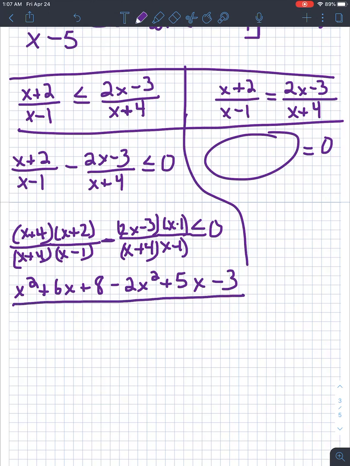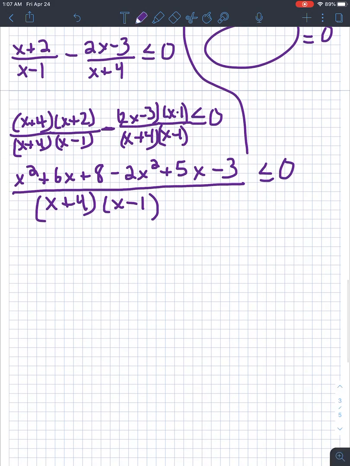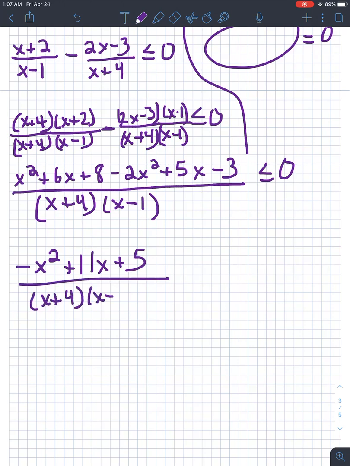There we go, all over x plus 4, x minus 1, and that has to be less than or equal to 0. Now we're getting close. Now we're going to simplify. It's going to be negative x squared plus 11x plus 5, over x plus 4, x minus 1, less than or equal to 0.